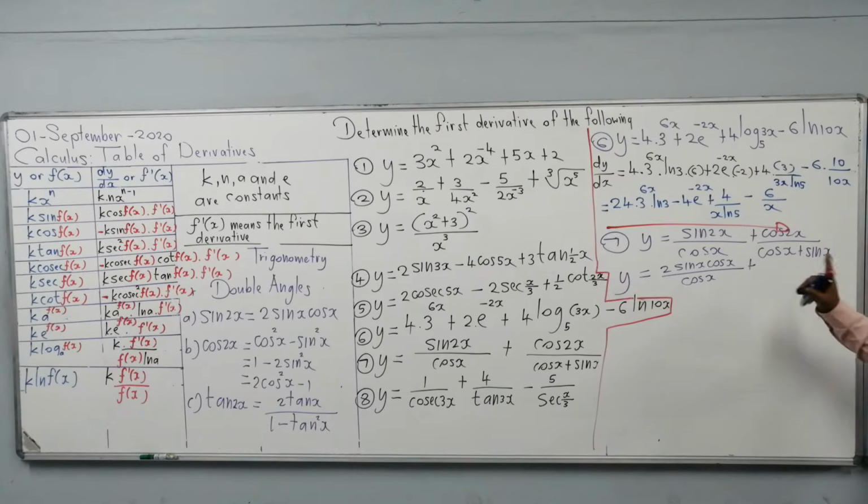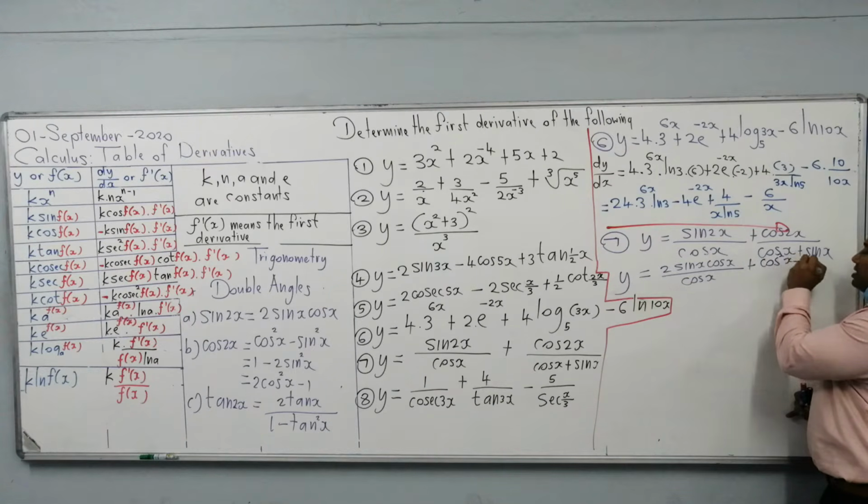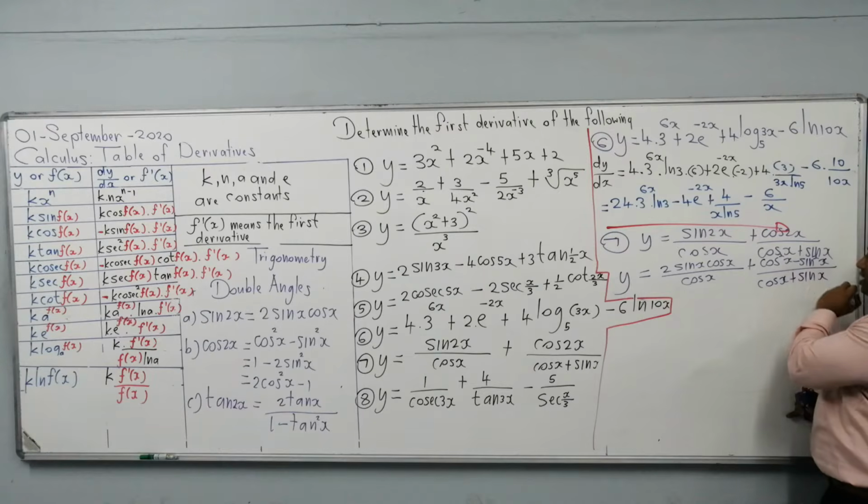It's the formula that has both cos and sine in it, because look at the denominator. The denominator is the clue. The denominator has both sine and cos. So use the formula that has both sine and cos. So it's going to be cos squared x minus sine squared x all divided by cos x plus sine x.